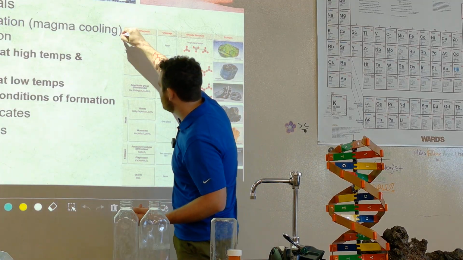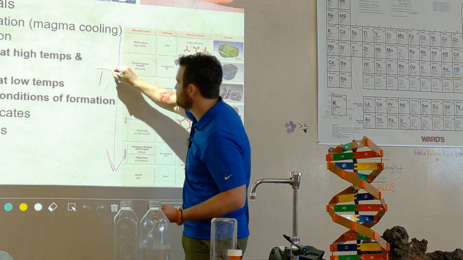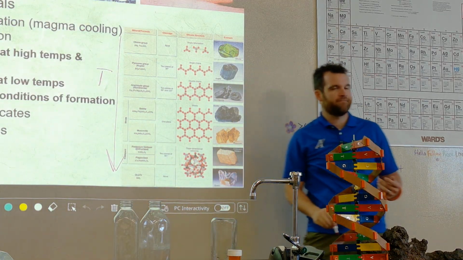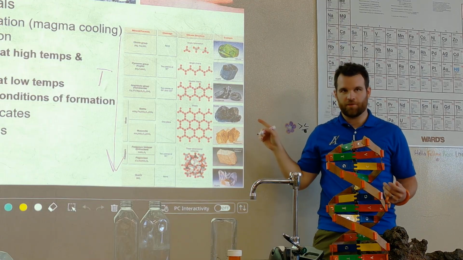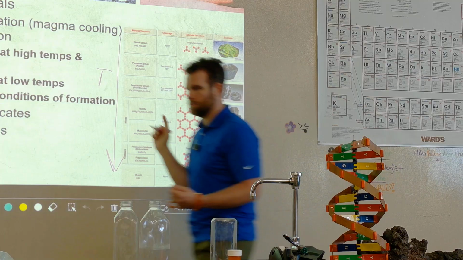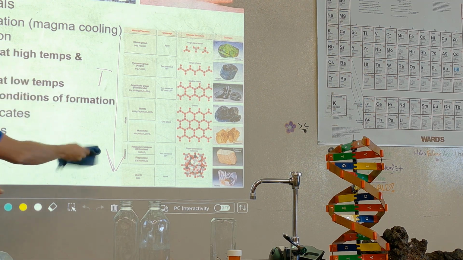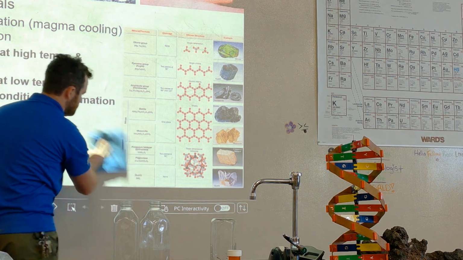So, I'm going to add here a scale of decreasing temperature. You're going to thank me for that later. It's going to make sense. It's all going to come together. Okay? Just remember that. As temperature decreases in my magma, I'm going down this list of what gets made.